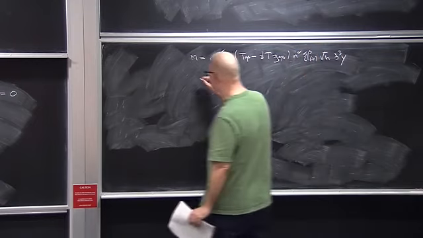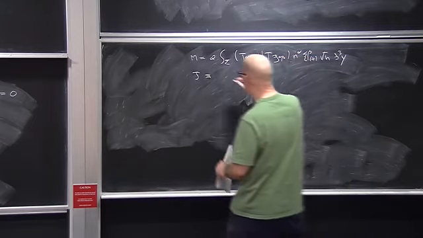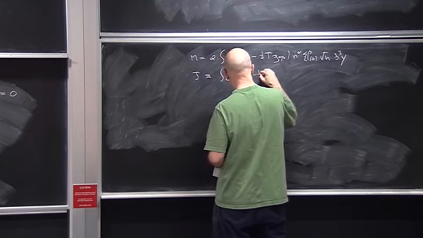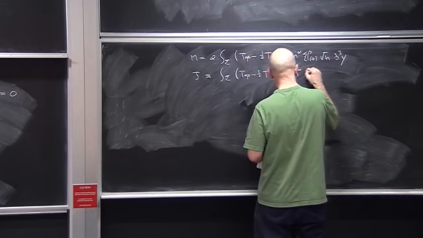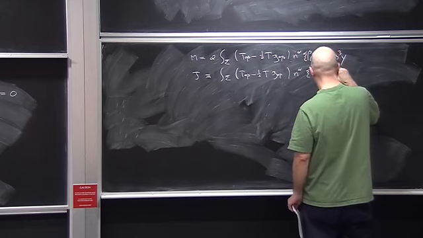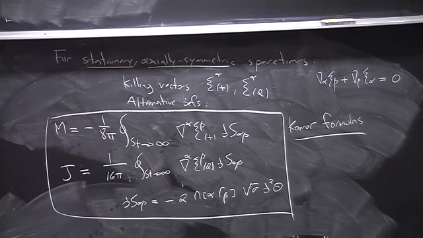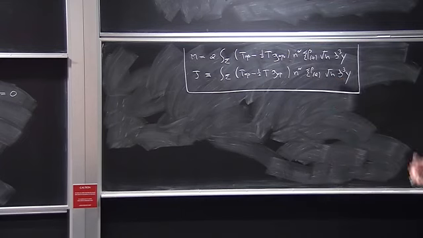And the angular momentum, we keep the minus sign, we get rid of the 16 pi. We have another hypersurface integral, this time involving the rotational Killing vector. And those, for stationary and axially symmetric spacetimes, are pretty much equivalent definitions for mass and angular momentum.